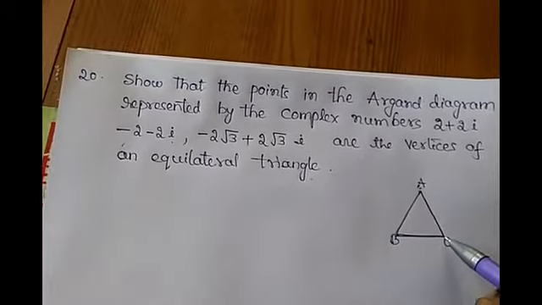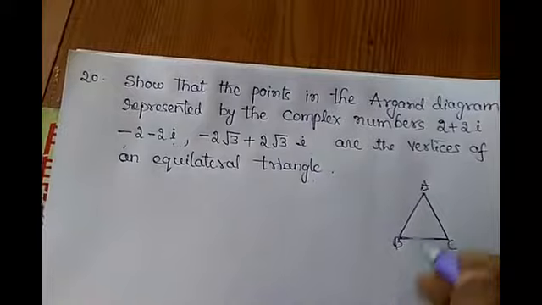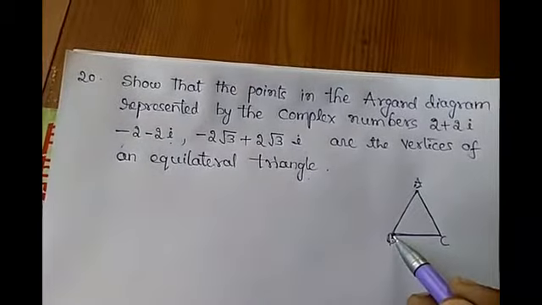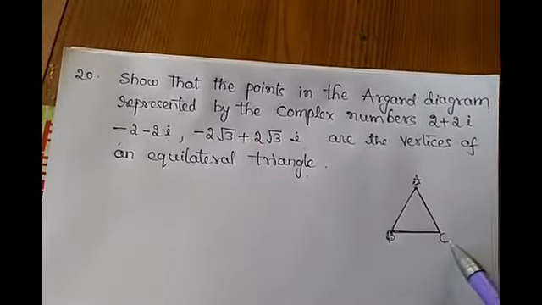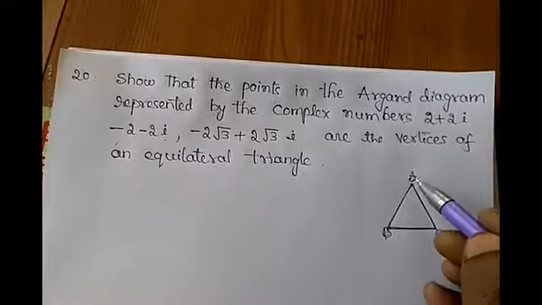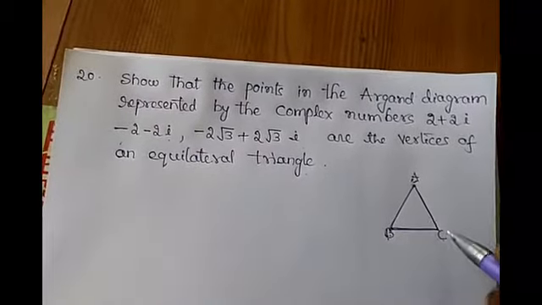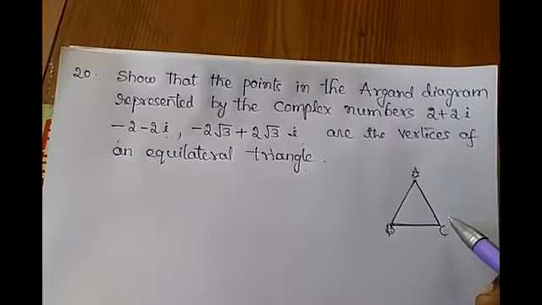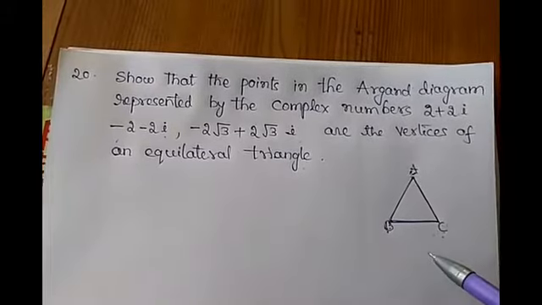If you find the distance between these two points, you get side AB, and if you find the distance between B and C, you get side BC, and if you find the distance between A and C, you get side AC. If all the three sides are equal in measure, you can say that A, B, C are the vertices of an equilateral triangle.